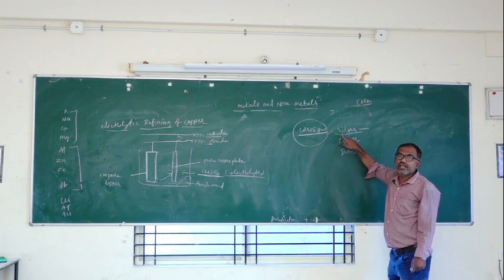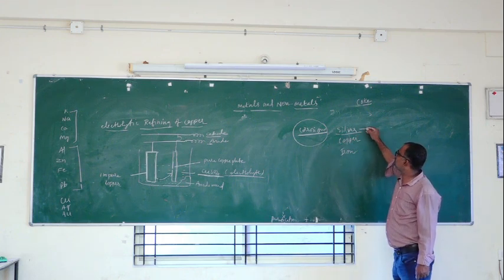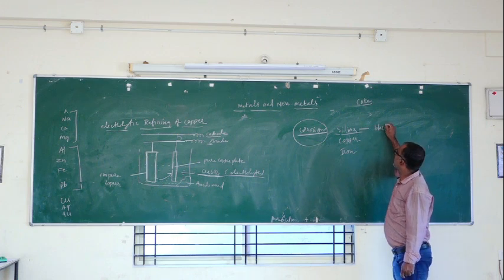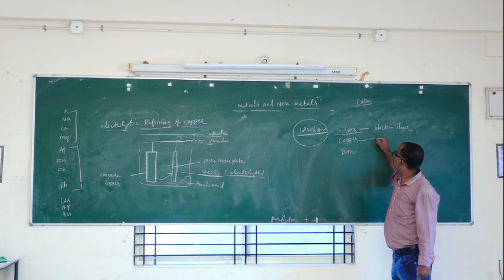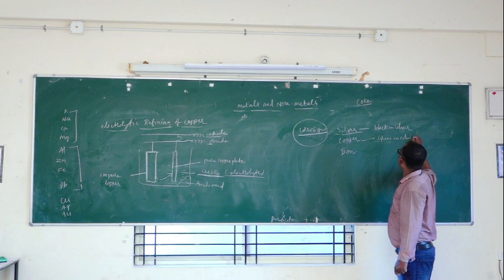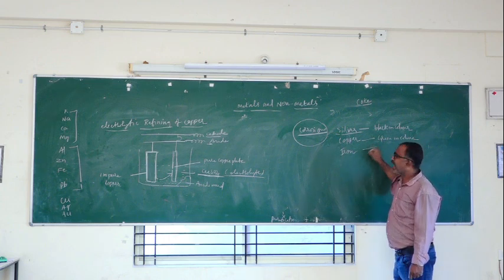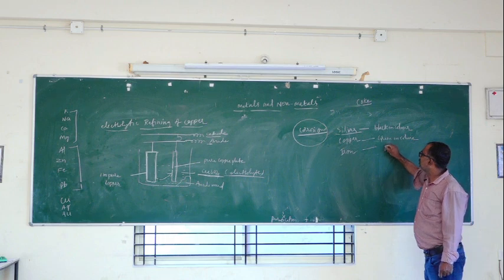Usually the silver after using is going to become black in color. Copper is going to be green in color, and then iron is going to become brown in color. Why?